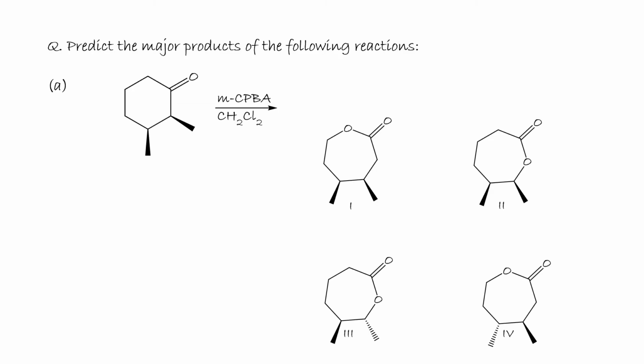Predict the major products of the following reactions. Carbonyl is here, peroxy acid, so we will have an ester. Which one will migrate? This is CH2 and this is secondary. Of course, we'll say this one will migrate over this one, and the oxygen will get inserted in here. Well, which one?